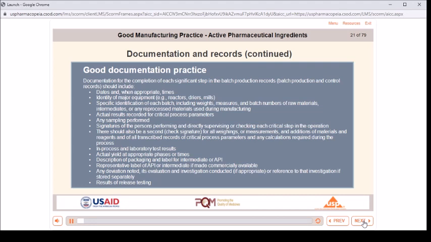Documentation and records, continued. Good documentation practice.